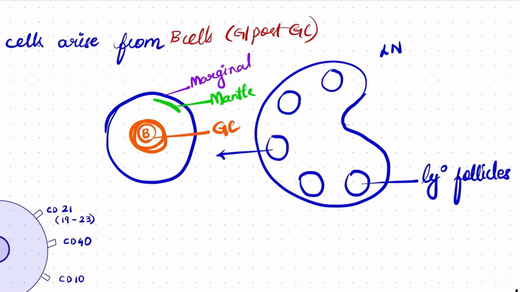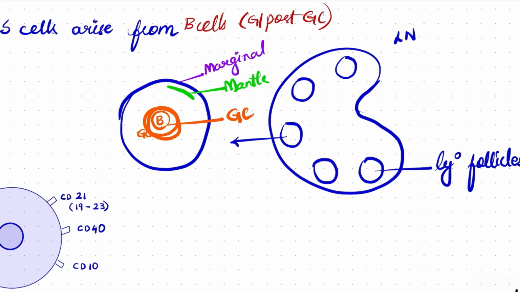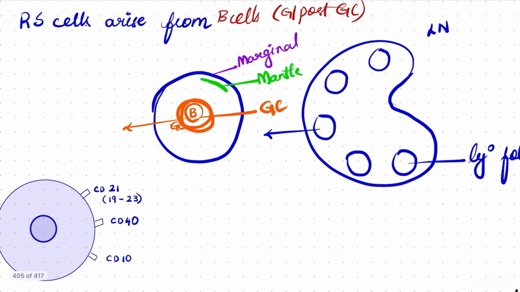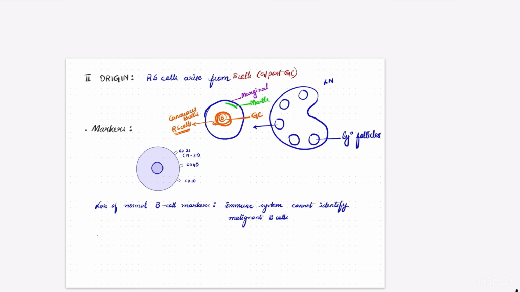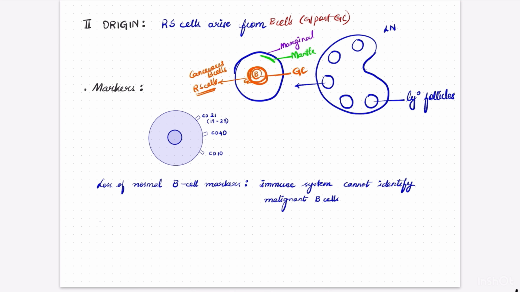These B cells of the germinal center or the post-germinal B cells undergo cancerous, neoplastic transformation. These cancerous B cells are called the Reed-Sternberg cells. This is about the origin of Hodgkin lymphoma.